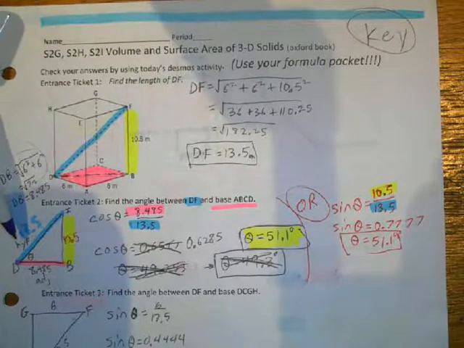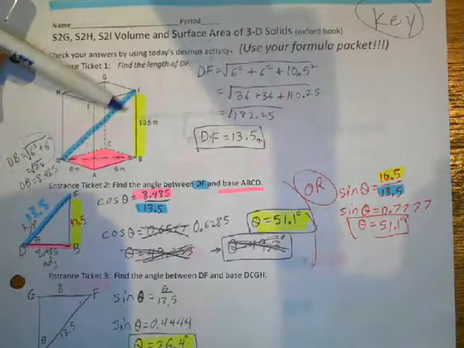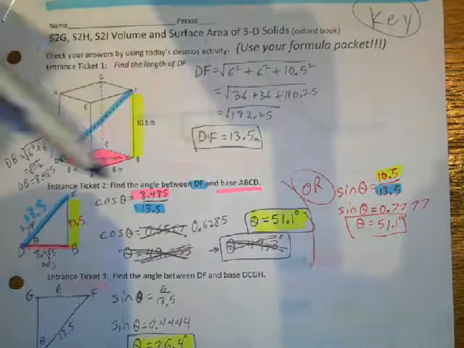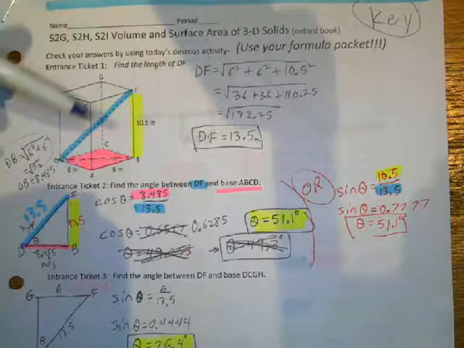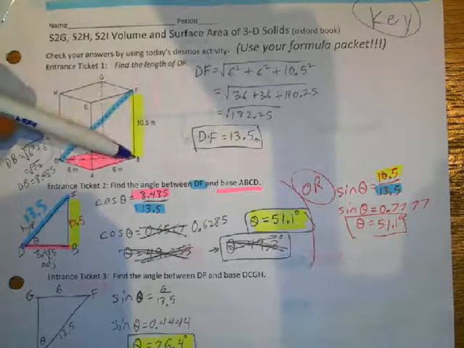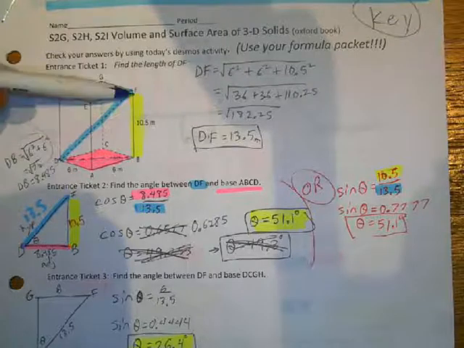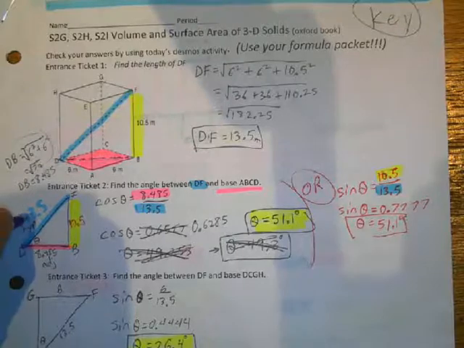Now for example 2, we wanted to find the angle between this green line and the base ABCD, which is essentially this flat area space here. So we can set up a triangle from DFB, and here I redrew the triangle. And I could use the 10.5 and the 13.5 here.